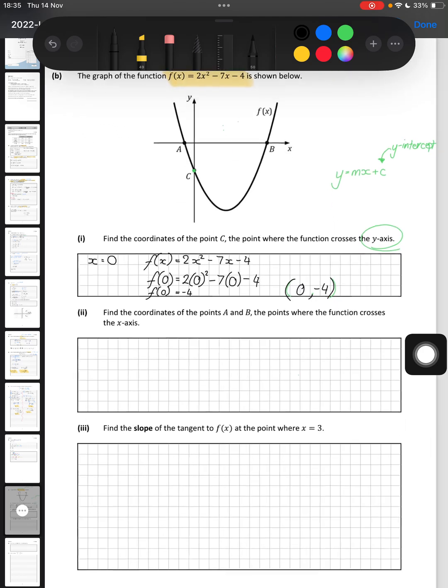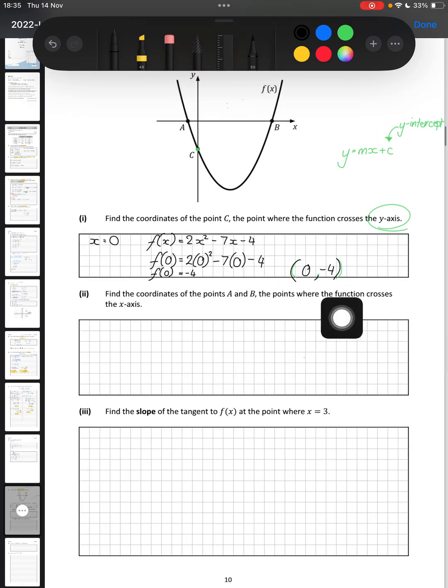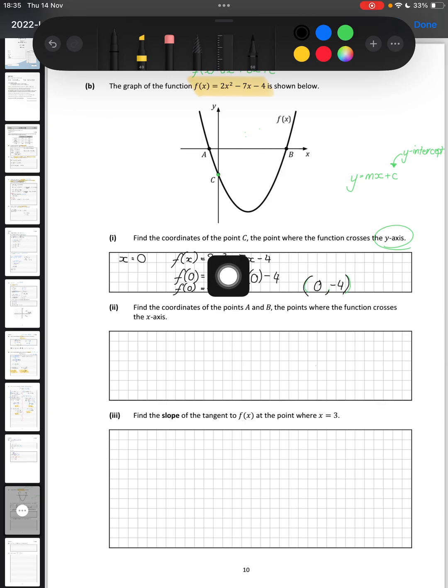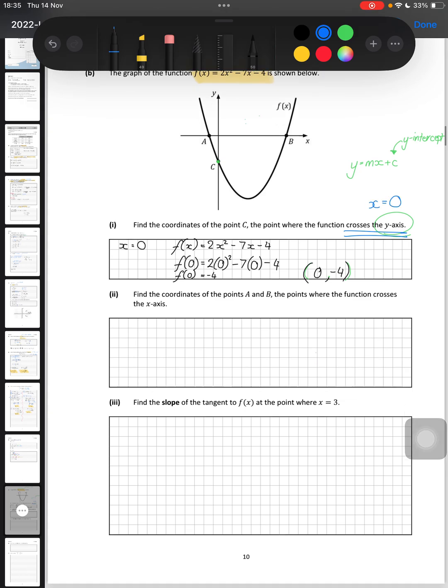Find the coordinates of the points A and B, the points where the function crosses the x-axis. Okay, so just like in the last one, crosses the y-axis means that x is 0. Crosses the x-axis means that I let y equal 0. All these points here, what do they all have in common?